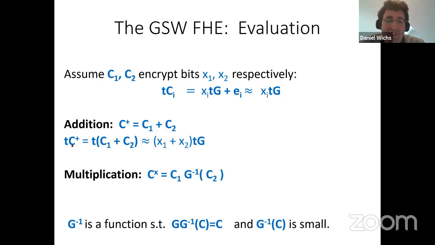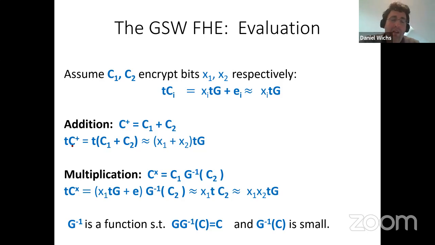It's not really a matrix inverse because G is not a square matrix, but G inverse of C outputs some value such that if I multiply on the left by G, I get C. And also G inverse of C should have small entries. That's actually crucial. We have such a public gadget matrix G, for which such a function G inverse exists and is easy to compute.